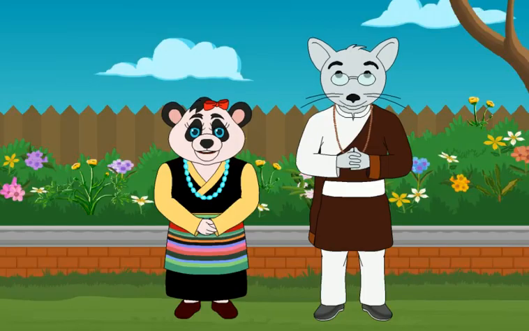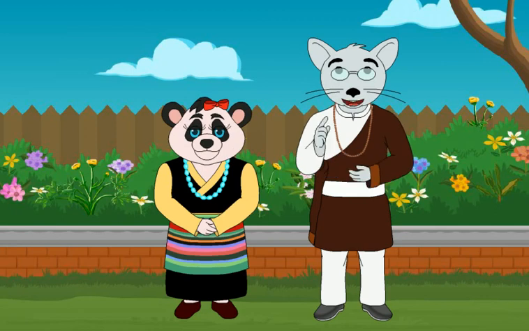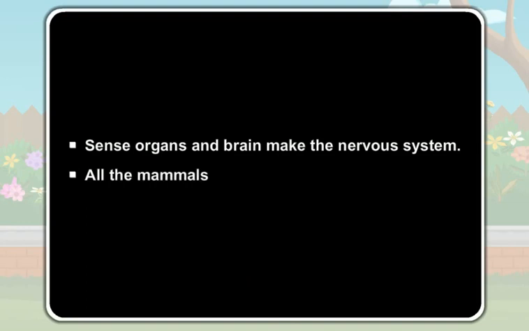All this is because these mammals too have sense organs and brain. They feel and realize the change in their surroundings with the help of their sense organs and the brain. The sense organs and the brain make up the nervous system. All the mammals have a well-developed nervous system.